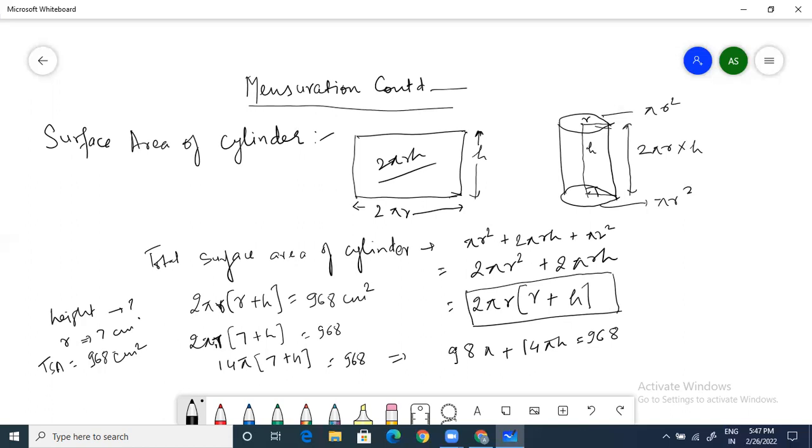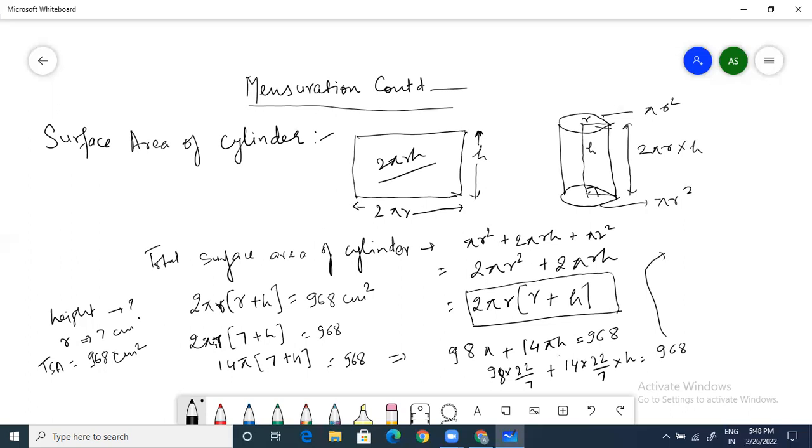Right? Now I can take pi as 22 by 7 here. So 98 into 22 by 7, this is one number, plus 14 into 22 by 7 into h is equal to 968. So far, so good? Yes, sir.